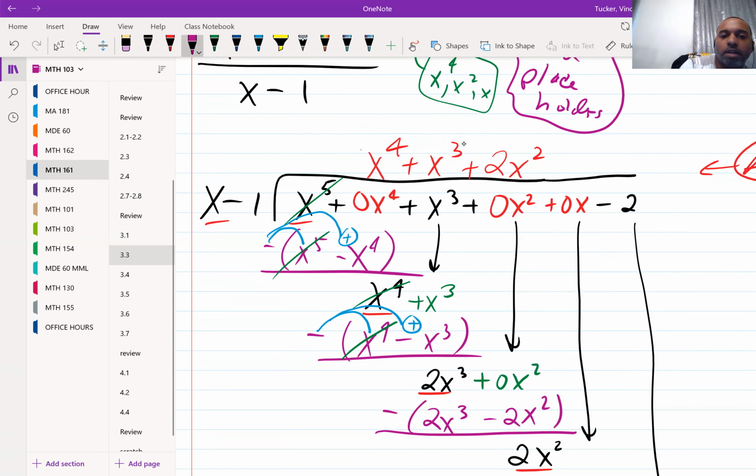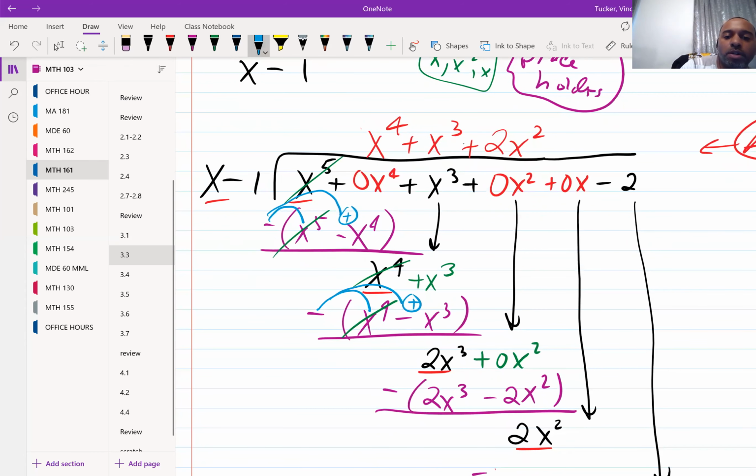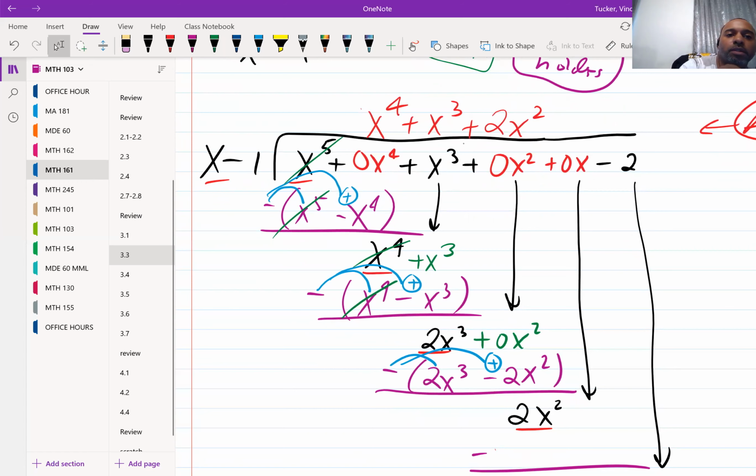So 2x squared times x is 2x cubed. And it's minus 2x squared. And we'll distribute this negative. That's going to be plus 2x squared. 0 plus 2x squared is 2x squared. Bring down your 0x. Comparing your two terms, x and 2x squared, what times x will give you 2x squared?